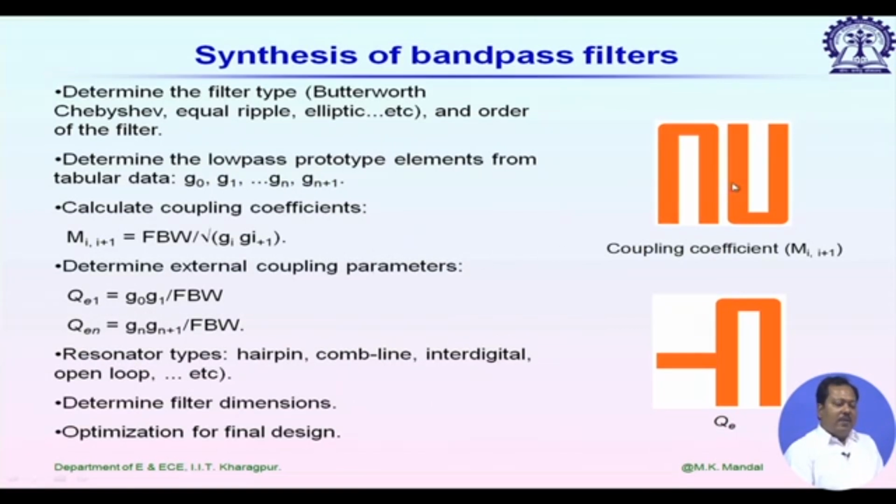For any given specification, how do we implement a filter? This is what we call synthesis steps. First, we have to choose the type of polynomials depending on the requirements: passband group delay variation, passband S21 variation, stop band attenuation requirement, skirt selectivity.